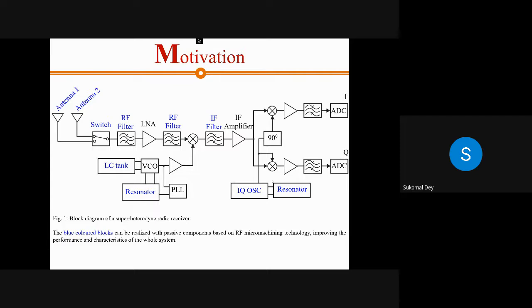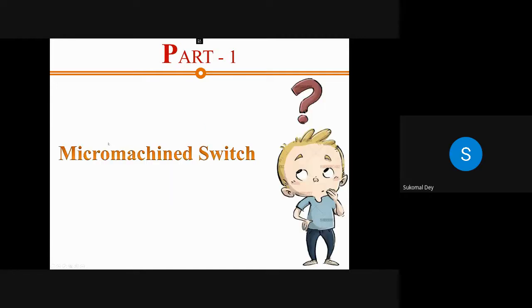Now, whenever you are working on a particular receiver or transmitter chain, or making any device and you want to make it switchable, reconfigurable, or tunable, the first important component is the switch. So we will begin with the switch. As most of us are aware, one of the common switches is the PIN diode switch.